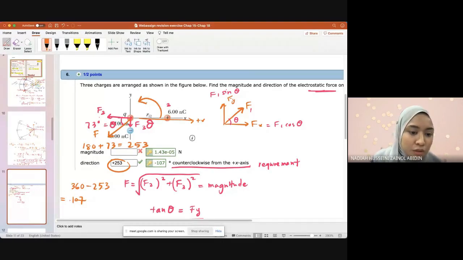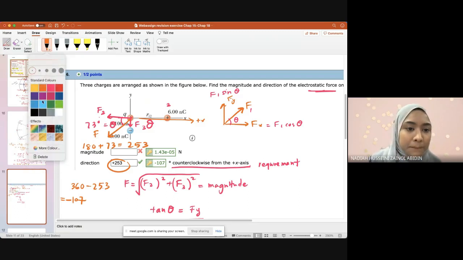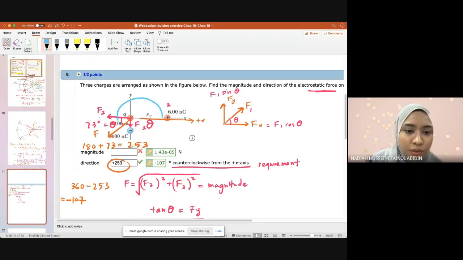But the answer should include a negative because it's the opposite direction. Understand? Okay, so from the positive x-axis, 180 from here to here, and then add 73, I will get from here to here. So this is 253, counterclockwise from the positive x-axis.